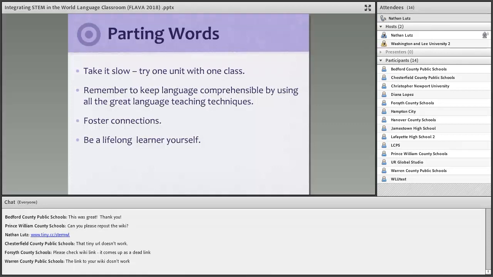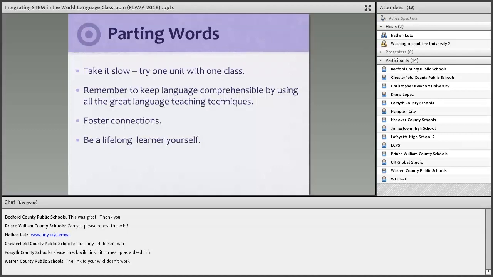Another thing is to remember to keep the language comprehensible by using all the great language teaching techniques that you know that you're doing. That's really an important thing. Also, foster connections. Talk to other world language teachers.